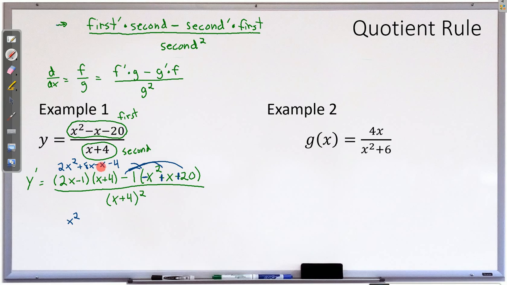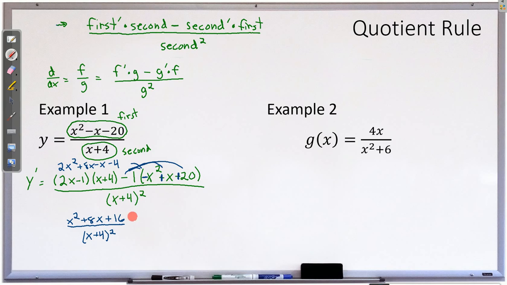So again, 8 minus 1 is 7, plus 1, however, gives me back to 8. And then a negative 4 and a positive 20 makes 16. Divided by x plus 4 squared.